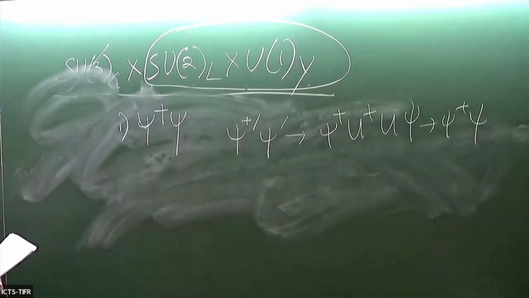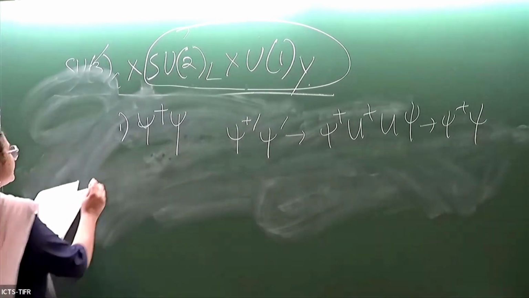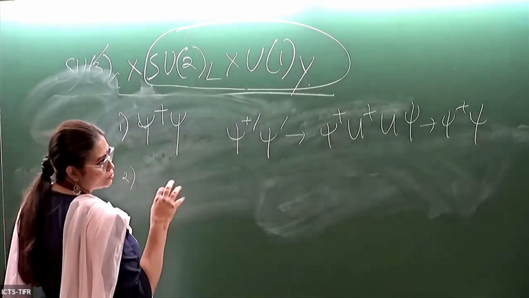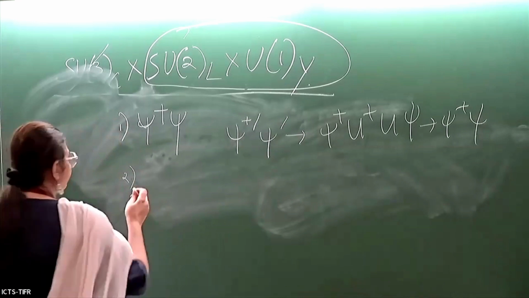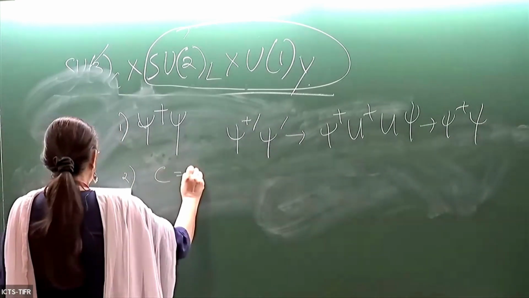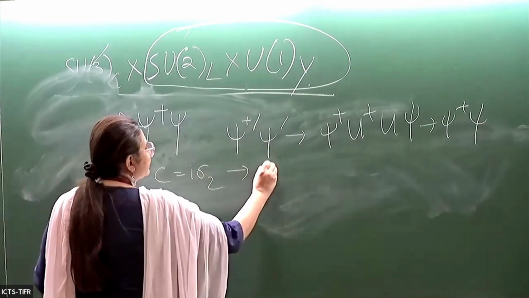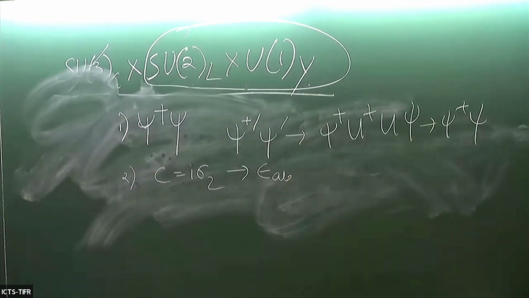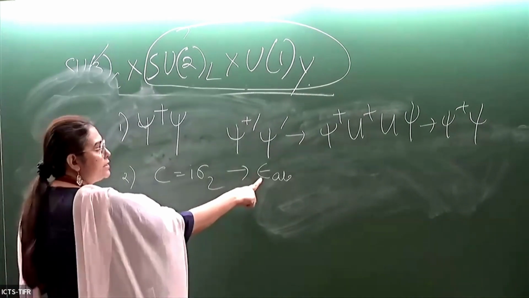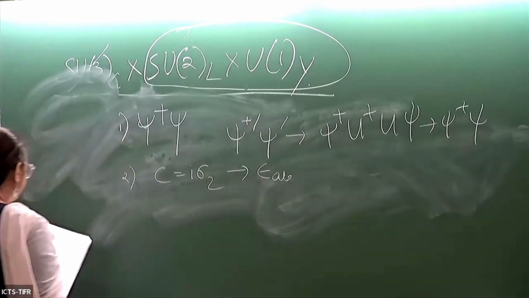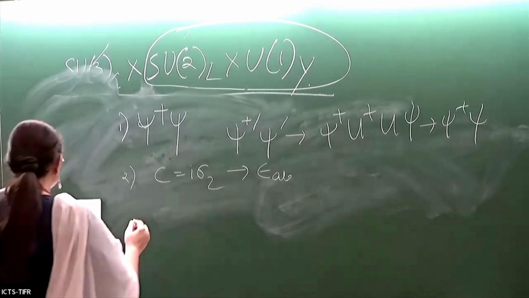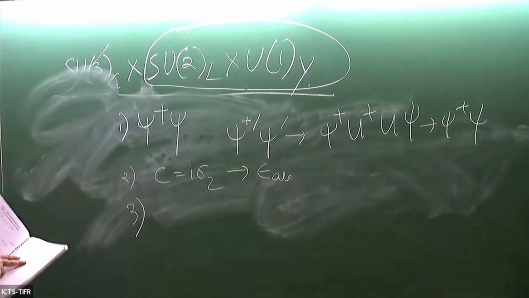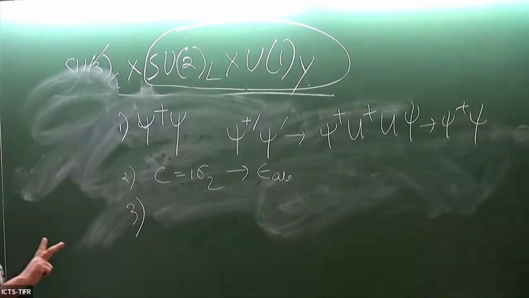Okay. Now, this is another one which I am not showing because one has to do some index algebra, which is psi^c = i sigma 2 psi. I can write it as a second rank tensor epsilon_AB, and you can show that this is an invariant under SU2. And the third thing that you can show, see, I did it in a simple way.